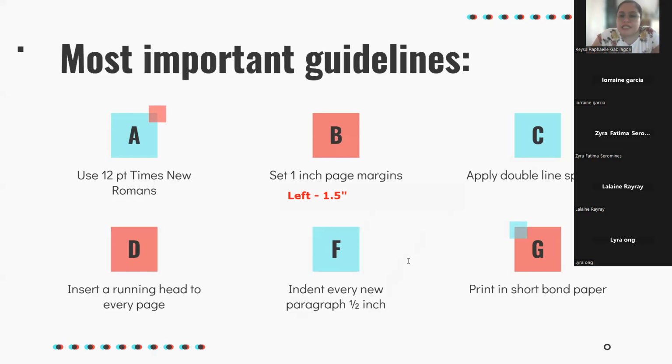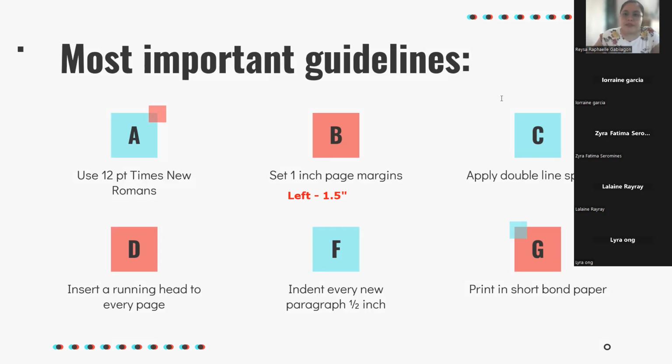Okay? And then please apply double line spacing. Except for the preliminaries, of course, but starting from the introduction, everything is double-spaced. And then you may use a running head. I showed you the running head a while ago. It's beside the title, the page number, and it is the shortened title of your paper. All paragraphs except for the abstract should be indented 1/2 inch.